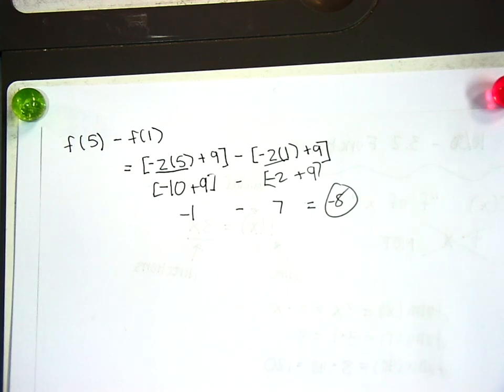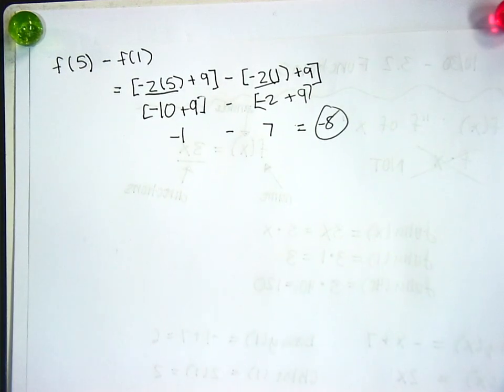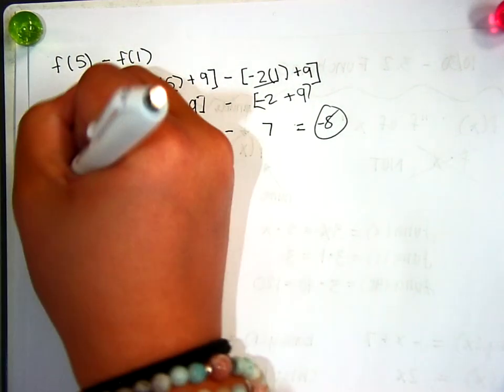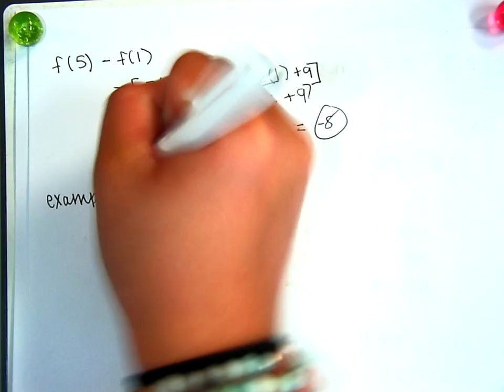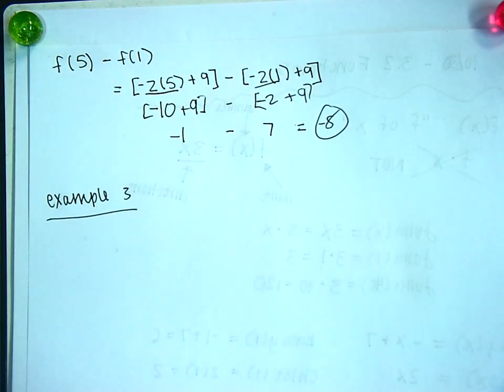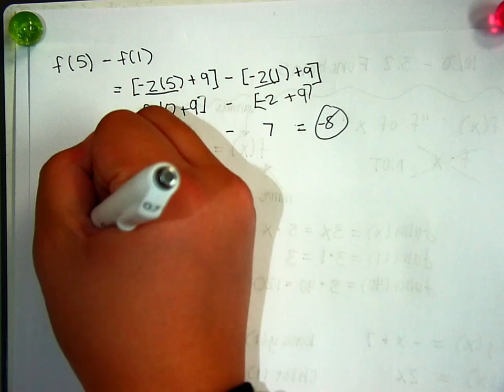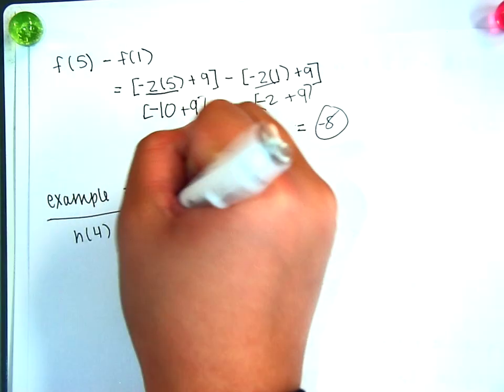Okay, example number 3. H of 4 minus F of 1.